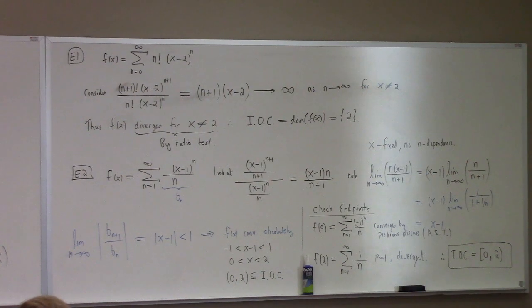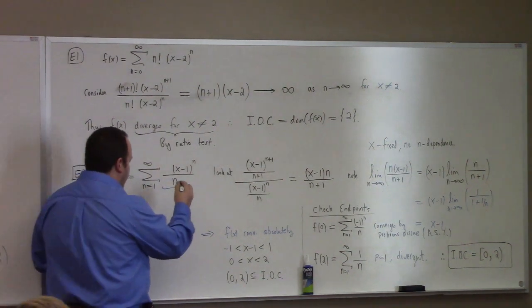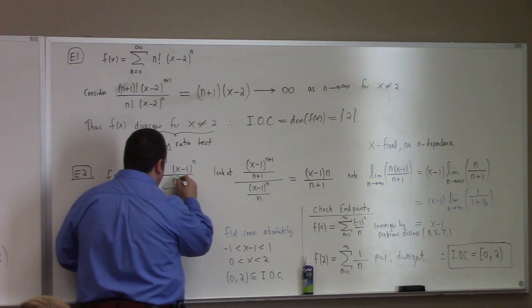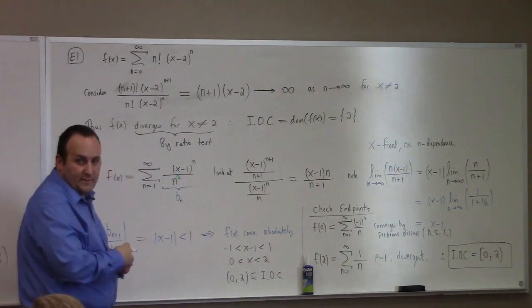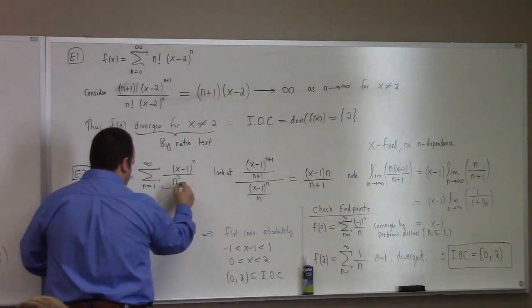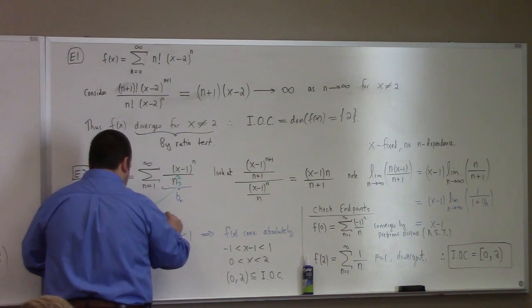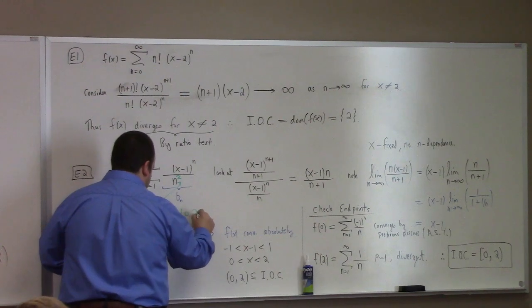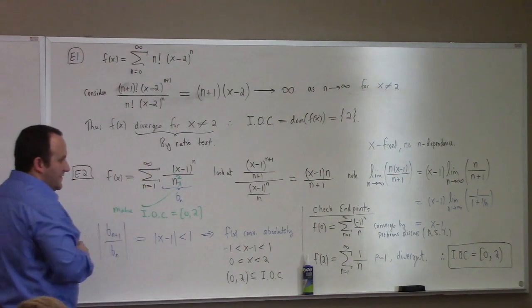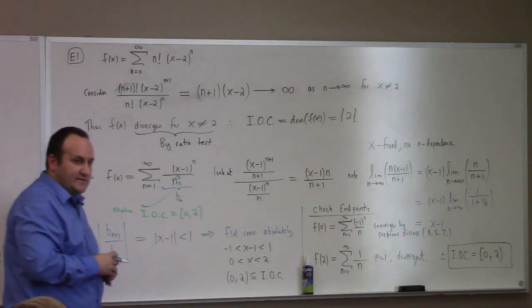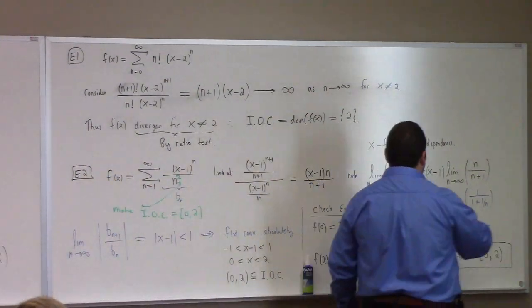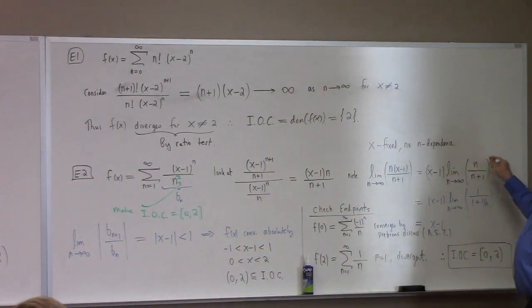How about this? What if I just put a 2 here? If I put that 2 there, this will make the interval of convergence 0 to 2, right? Because the ratio test would work out pretty much the same. You'd end up with n squared, and it would be this.